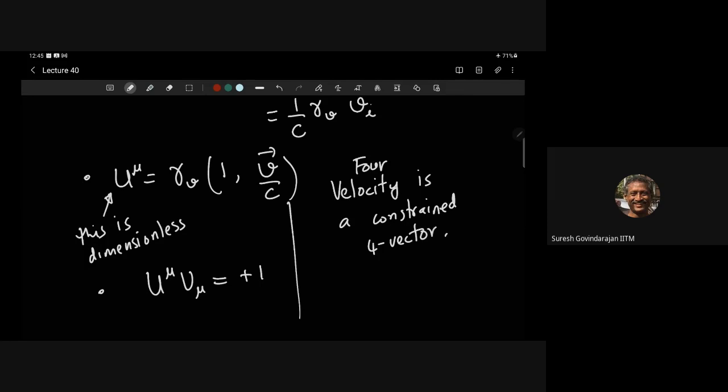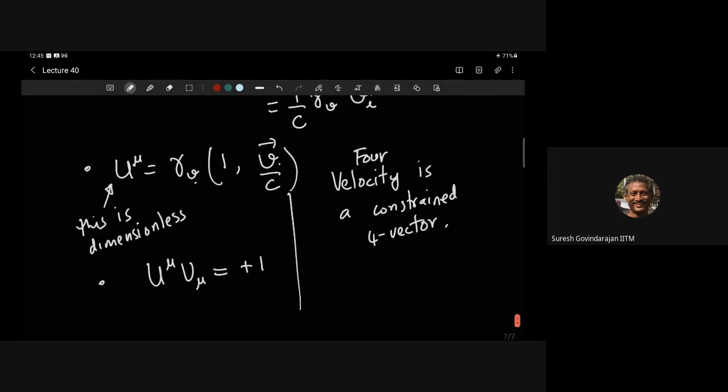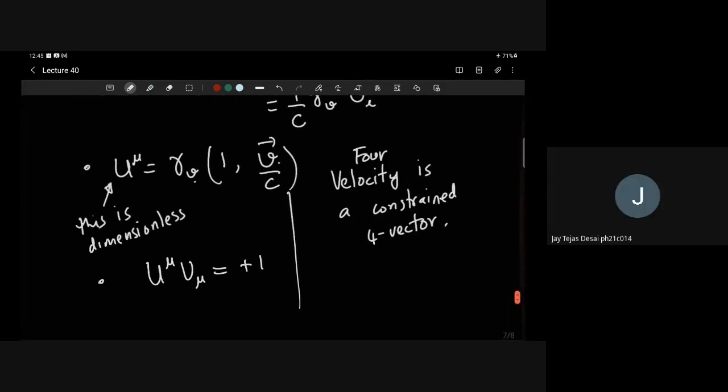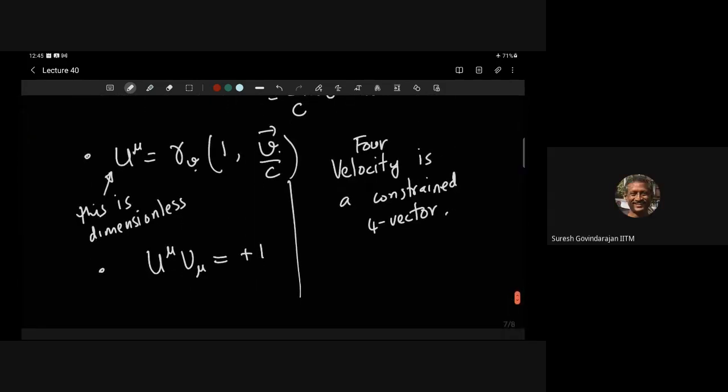Is this point clear? And remember, I'm not saying this v is constant or anything, but at every instant, in any frame, you will have a number which goes with that. How is it a Lorentz scalar?